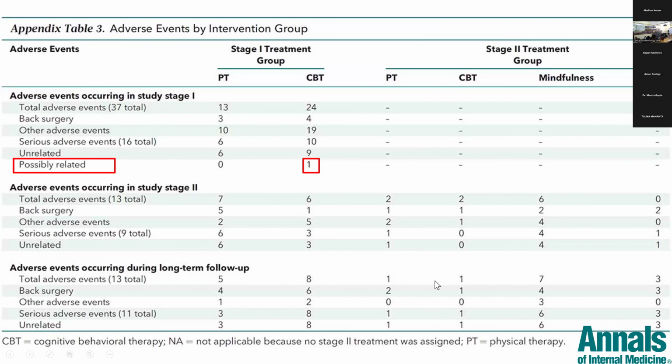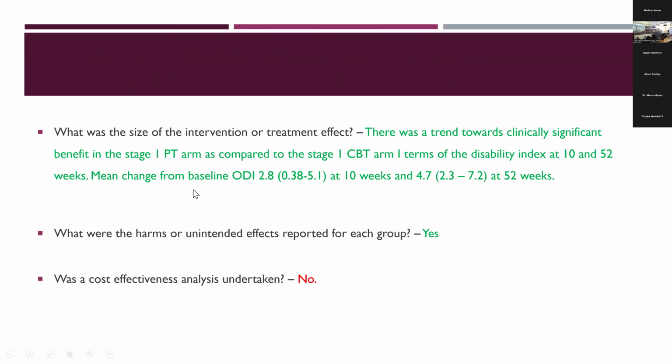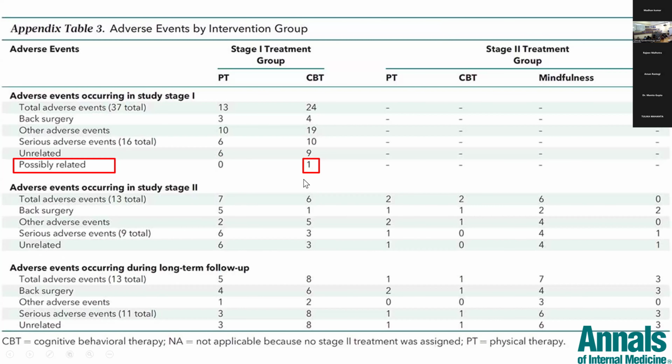I couldn't find how they got back surgery after behavioral therapy, but they have said that it is related to the behavioral therapy. Other than that, there were no adverse effects that were directly considered related. All these adverse effects at stage 2, long-term follow-up, are unrelated to the physiotherapy or cognitive behavioral therapy. Only this one is probably related to CBT.